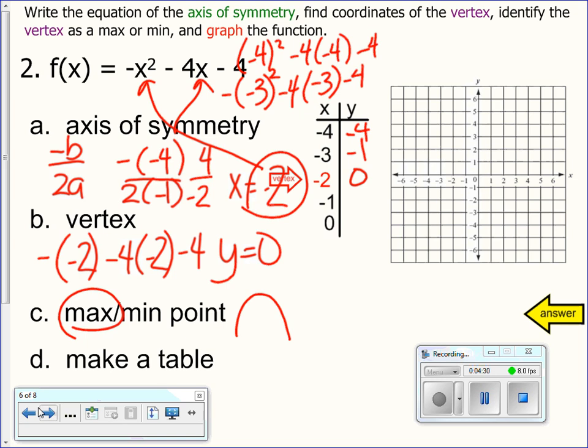I do the same thing with the negative 1, that gets me negative 1, and 0 gets me negative 4. Make sure these match. Graph it, negative 4, negative 4, negative 3, negative 1, negative 2, 0, negative 1, negative 1, and 0, negative 4. Draw my curved parabola.